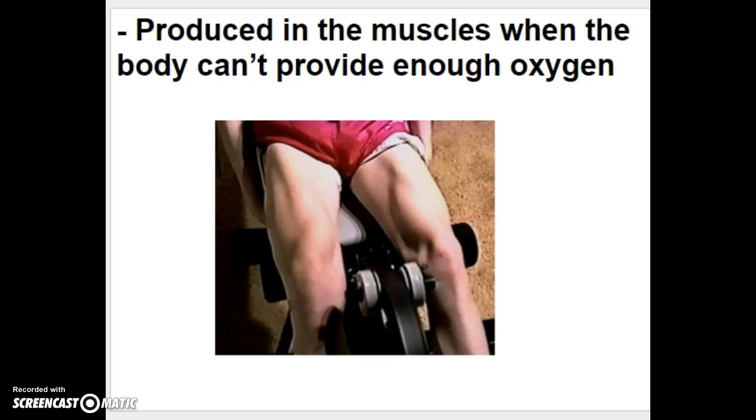Now, when you overdo it a little bit and you feel that burn, you stop for a while, you kind of breathe, you slowly work your muscles, stretch them out, then the burn goes away. You've given enough oxygen now to your muscle cells to run glycolysis and the Krebs cycle and aerobic respiration correctly.